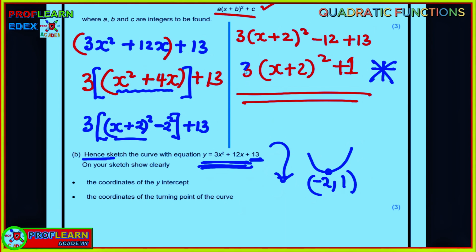And this number 3 that you have here does not affect the x coordinate that you're going to have. I hope that is clear. And the y-intercept is going to be positive 13.